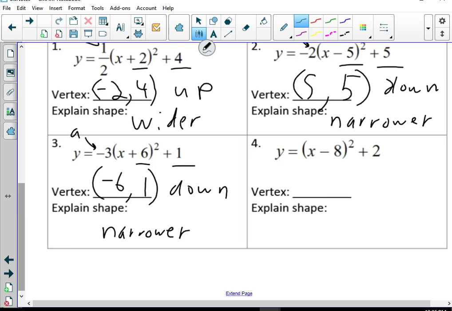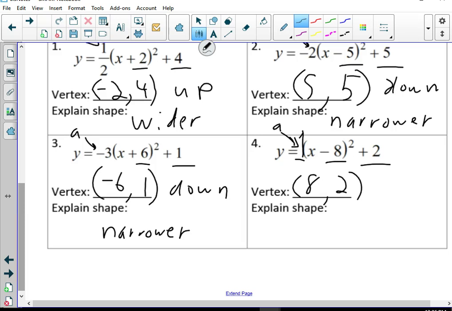Here we go. What's my h? 8. What's my k? Careful. What's my a? What number's right here? Do you see -2 right there? What number's there? It's not there, but it's really there. 1. There's a 1 right there that we don't write.